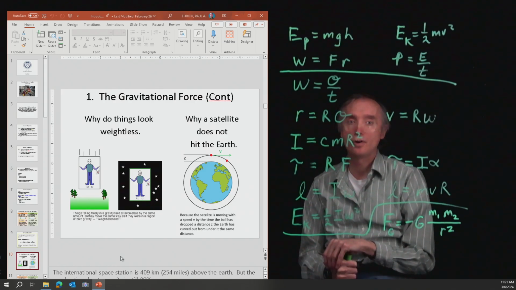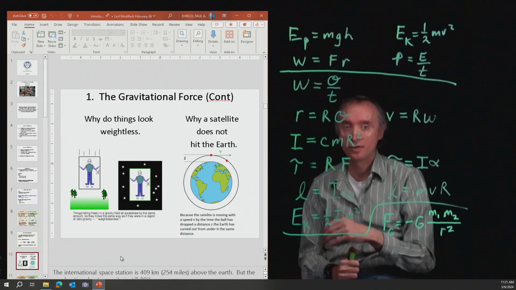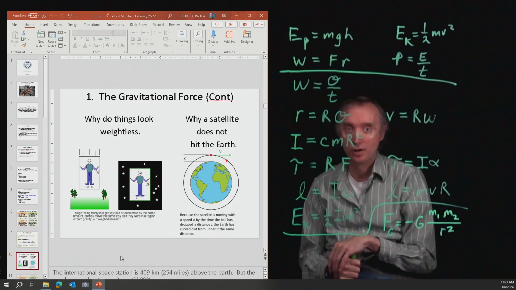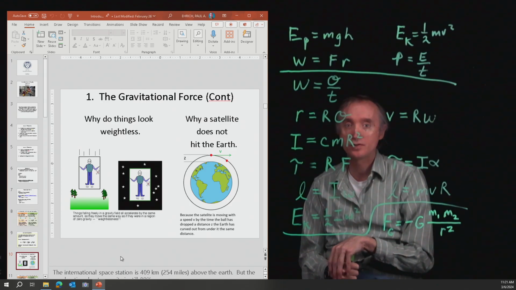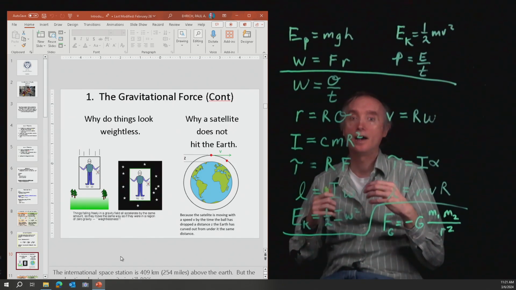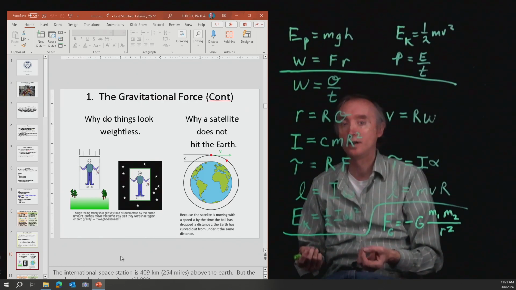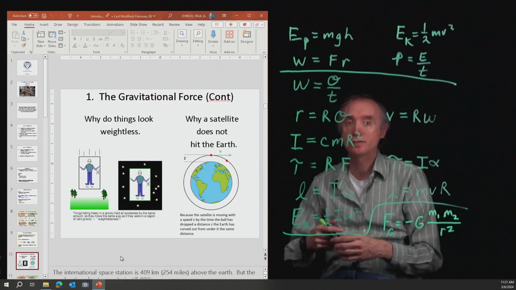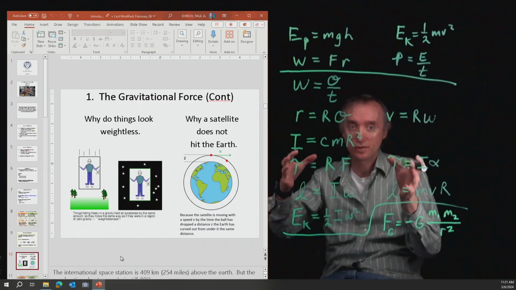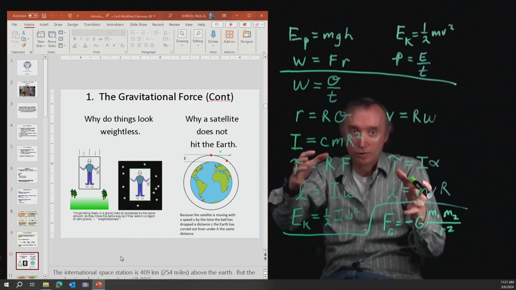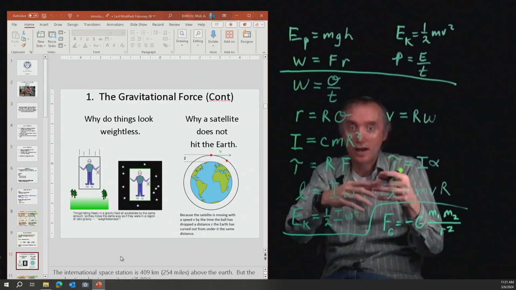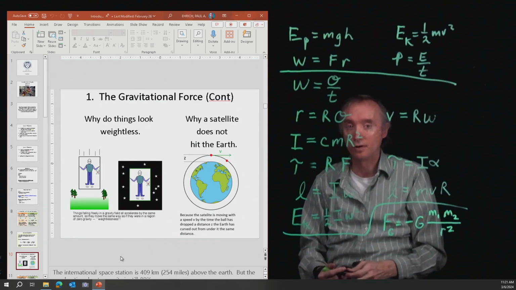Okay, then you should also be able to explain, so this would be a good essay question, why do things look weightless in outer space? Okay, and it's because everything is falling at the same rate. So if you're in outer space and you're close to the Earth, you're going to be pulled towards the Earth. So you're actually falling to the Earth.